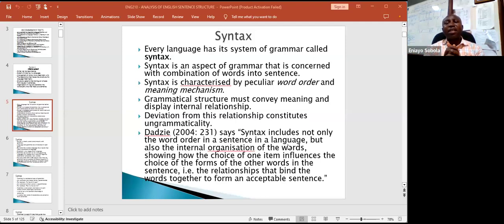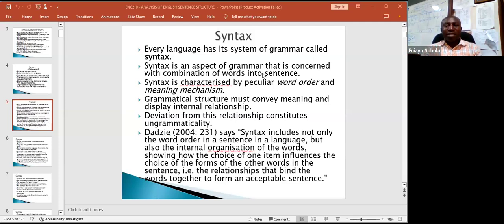So you can say that syntax is an aspect of grammar that is concerned with the combination of words into sentences. Note that syntax is an aspect of grammar that is concerned with the combination of words into sentences.